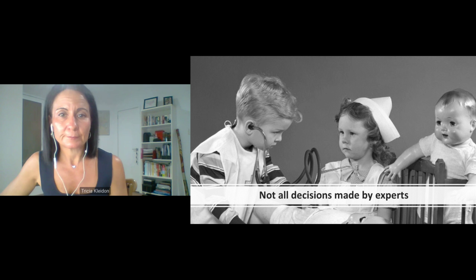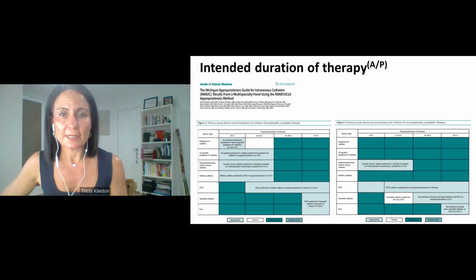So to help with this, the recommendations for the intended duration of therapy in the infusion therapy standards of practice is largely based on the two MAGIC documents. So you can see the adult MAGIC document on the screen there.